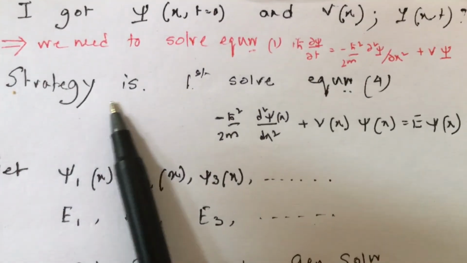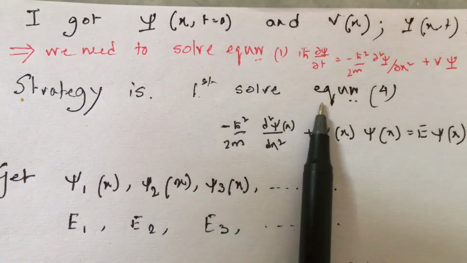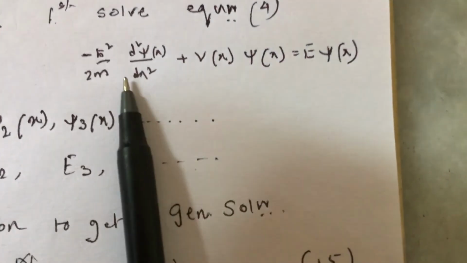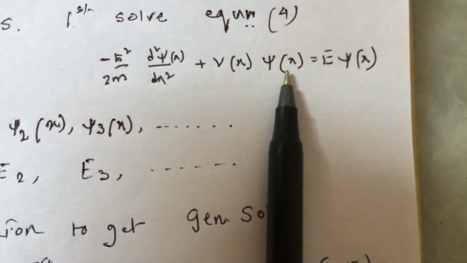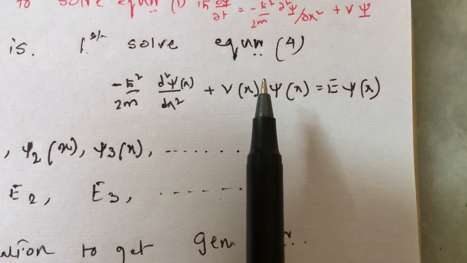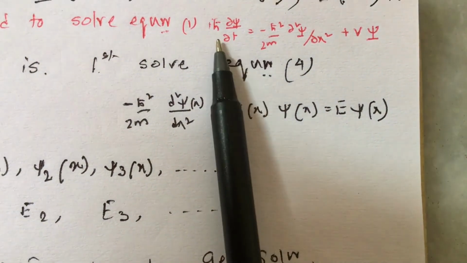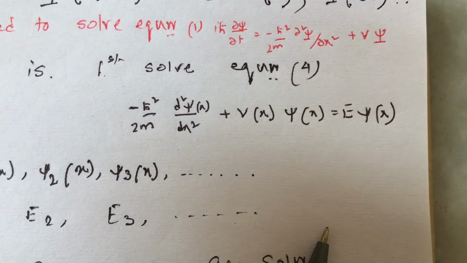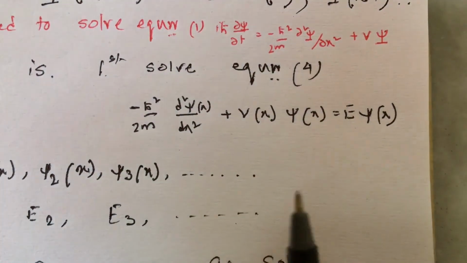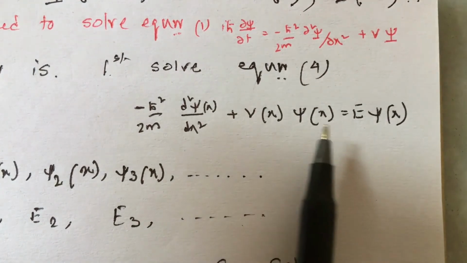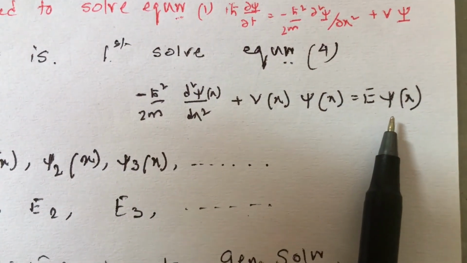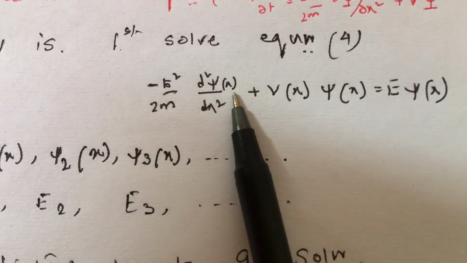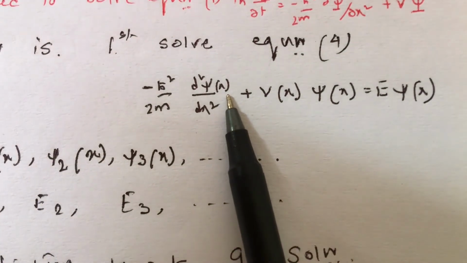And my first strategy was to solve equation 4, which was the time independent Schrödinger equation, which I got from separation of variables of this time dependent Schrödinger equation. So first we need to solve this time independent Schrödinger equation in order to find out the psi(x) part of the wave function, that is the spatial part.